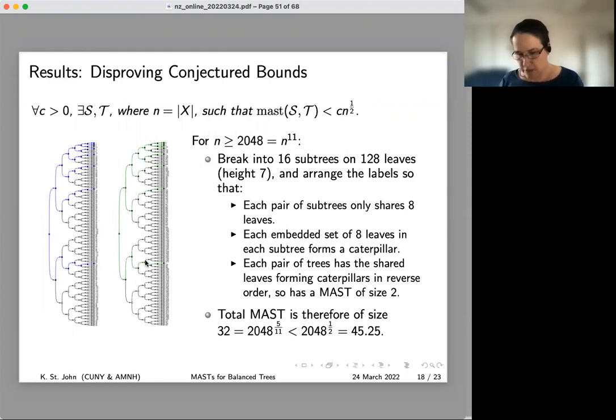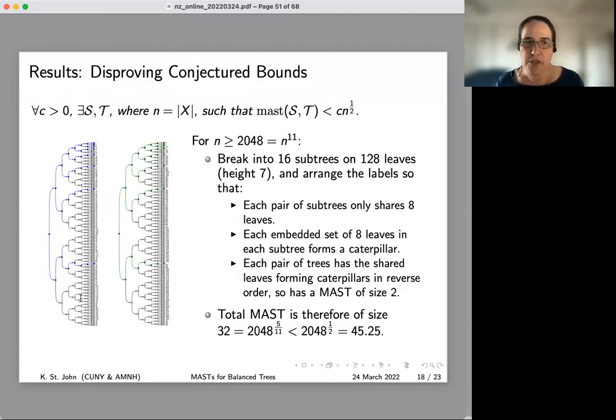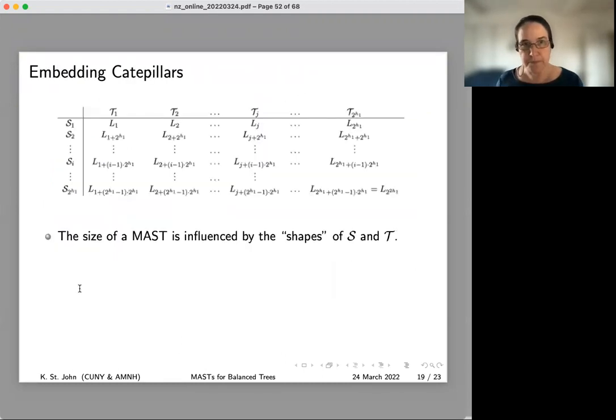So let me show you what that actually looks like. What was our goal? We're taking this tree structure and trying to figure out where to put all the leaves so that they overlap the least. If my tree T is across the top, and these are its various pendant subtrees, and my tree S is going this way, and these are its pendant subtrees, we're going to arrange it so that the leaves that overlap are in sets and are quite small.